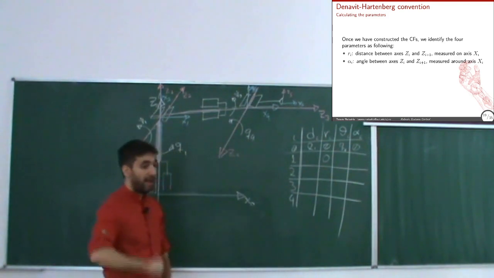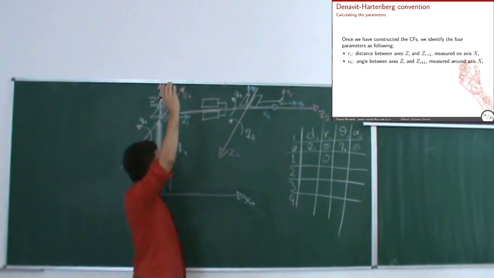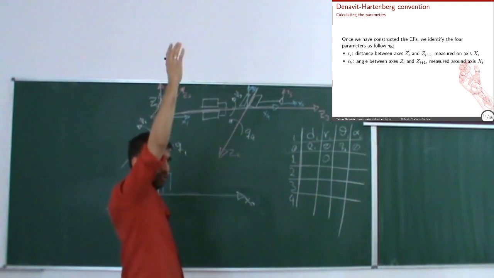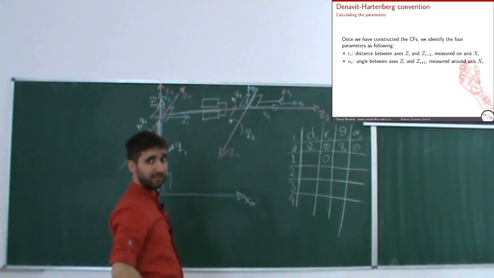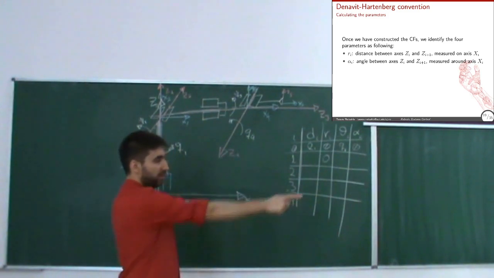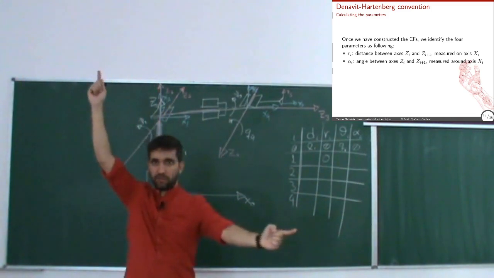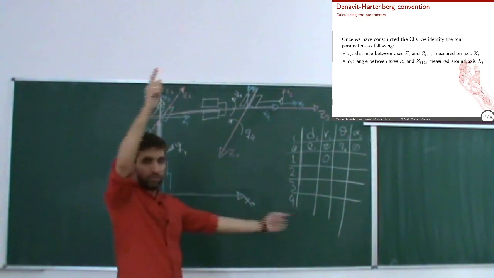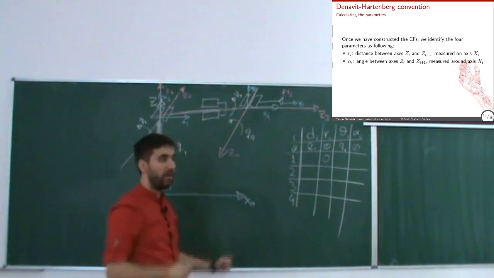Alpha. The angle between Z1 and Z2, along which axis? X1, X1 pointing there, right? And you remember that X1 changes orientation with Q1, but so does Z2, so it will always be pointing in front of me, right? So what is this angle?